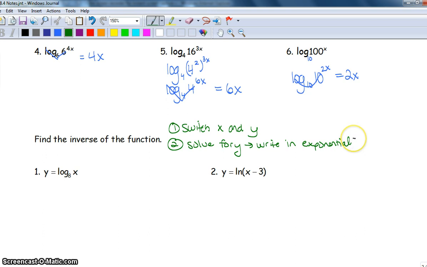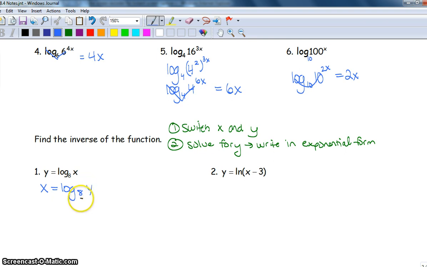Not in logarithmic, but exponential form. So if I'm starting with number 1, I switch the x and y. And if I want to solve for y, what I want to do is I want to get rid of that log base e.